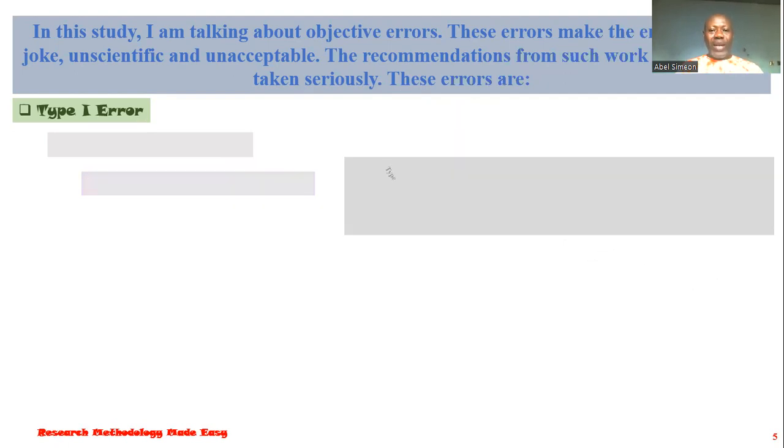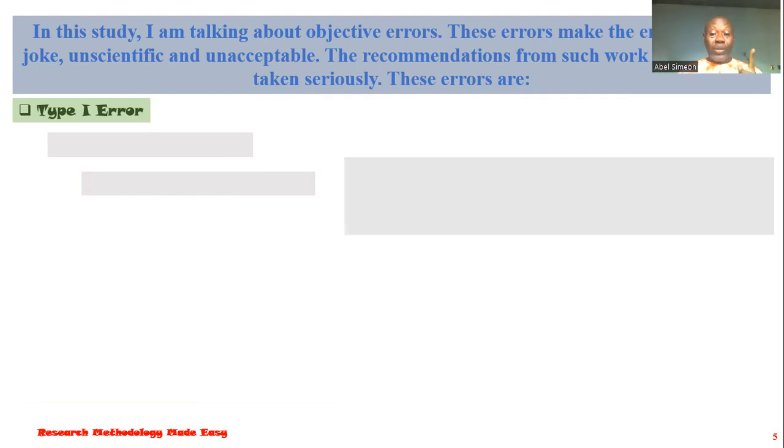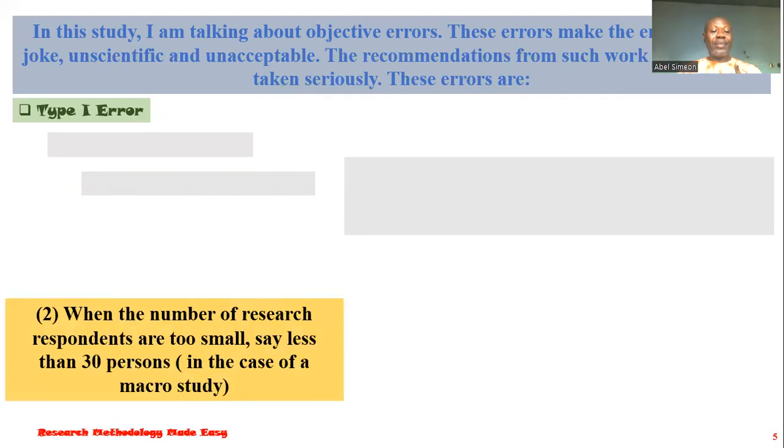Now let's start with type 1 error. What's it all about? Type 1 error occurs when either of these two things takes place in any empirical research work. Number 1, when the number of research respondents is too small, say less than 30, in the case of a macro study.